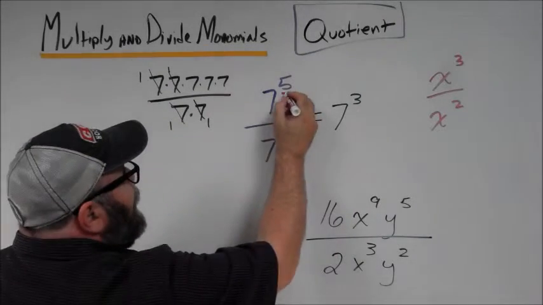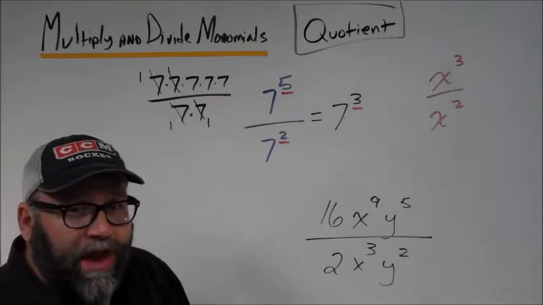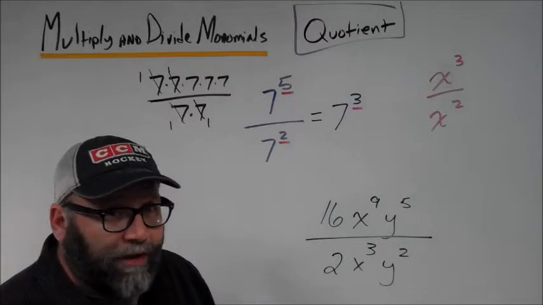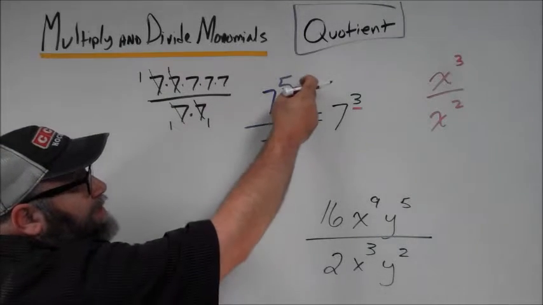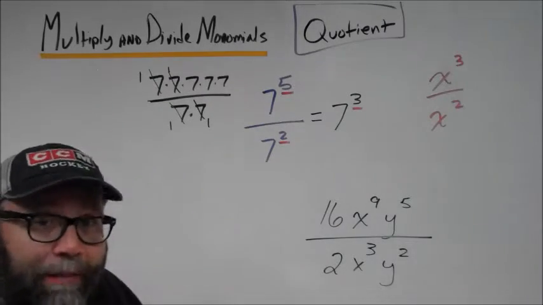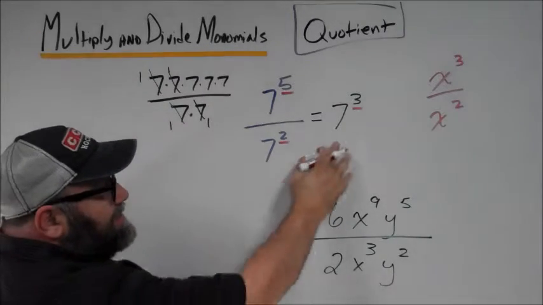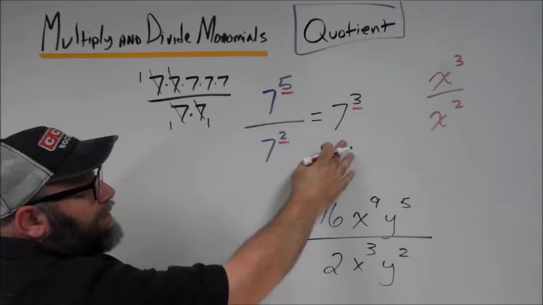Now let's look here. We've got that relationship. What do you notice about that relationship? It's a fact family back from first grade. What we notice is we're going to subtract the denominator's exponent from the numerator's exponent, and the base stays the same. So 5 minus 2 gives us 3, 7 to the 3rd.